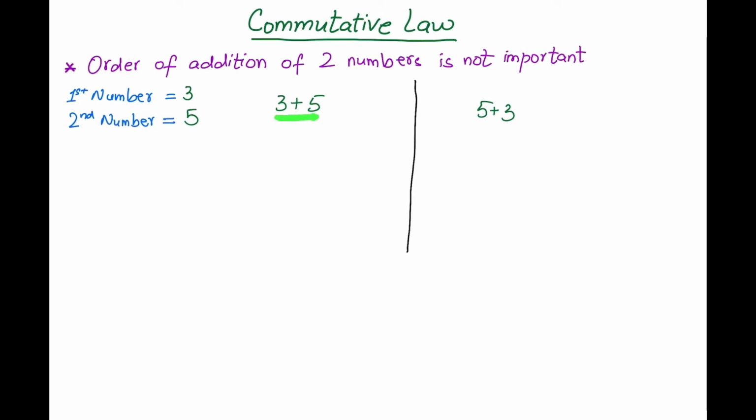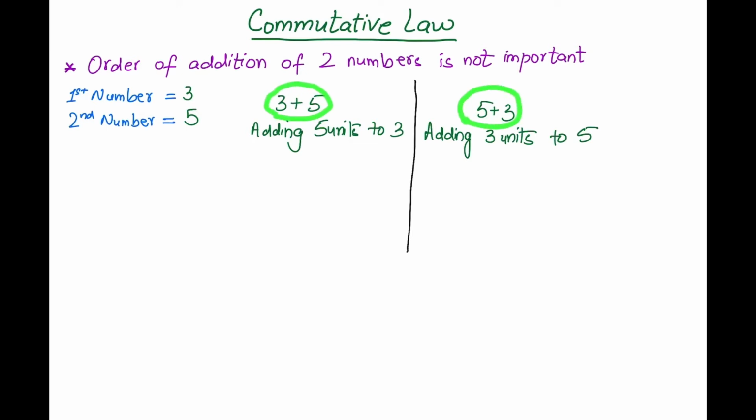So what this means is you're adding 5 units to 3. And here you're adding 3 units to 5. Now let's perform addition both these ways and find out the result.